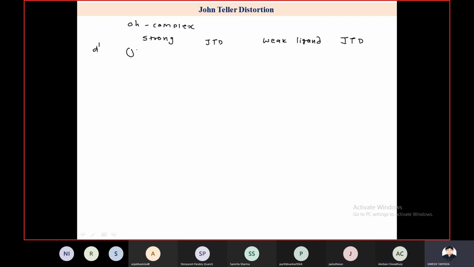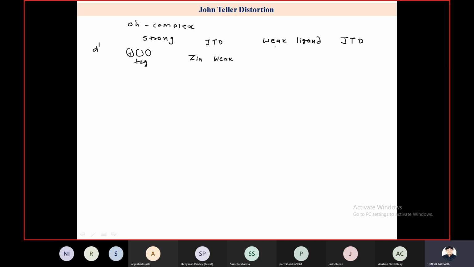So you have one electron in T2G, and EG has 0. So it is a Z in, with weak distortion, because both will be Z in. Whenever there is an unsymmetrical field in T2G, at that time there is weak distortion. For an unsymmetrical EG, you can have a strong Jahn-Teller distortion.